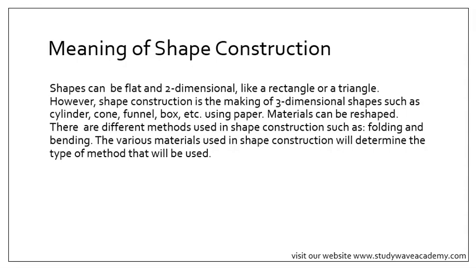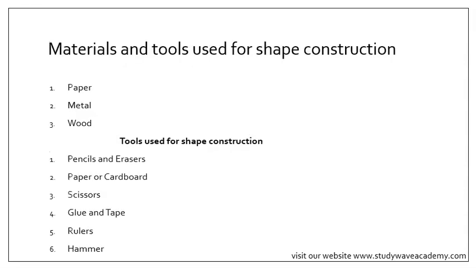Okay, good. So next we're going to be looking at materials and tools used for shape construction. Remember, shape construction is all about making shape, okay? You can use things like paper. So one of the materials is paper. You can also use metal and you can also use wood, okay?